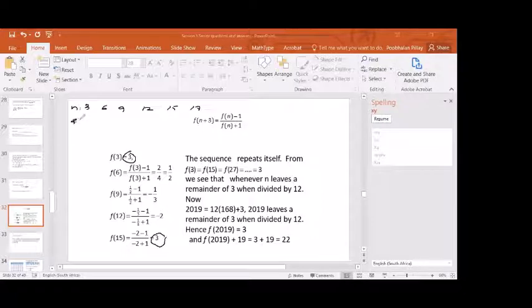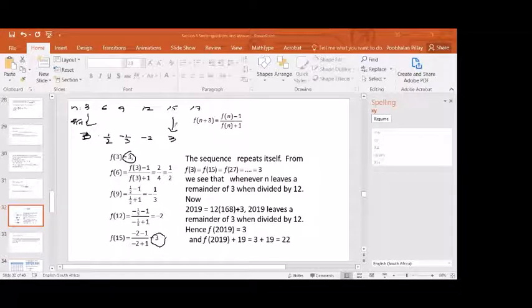And the f of n, no, I'm sorry, it starts with 3. 3, half, minus the third, minus 2, and 3 again. So f of 3 is 3, f of 15 is 3.